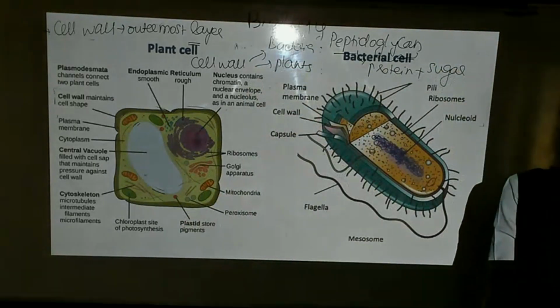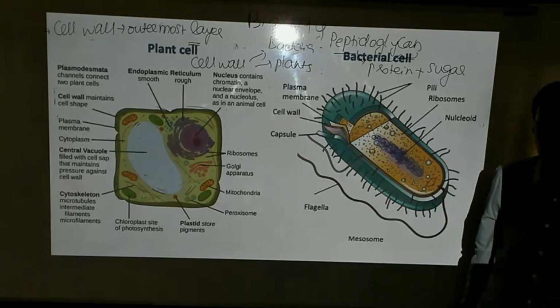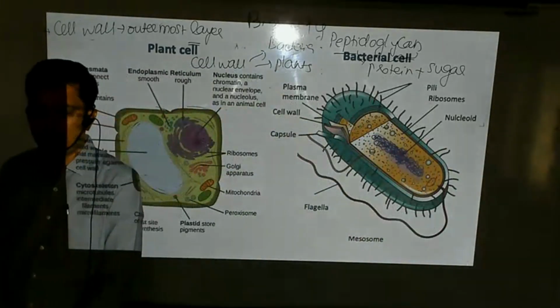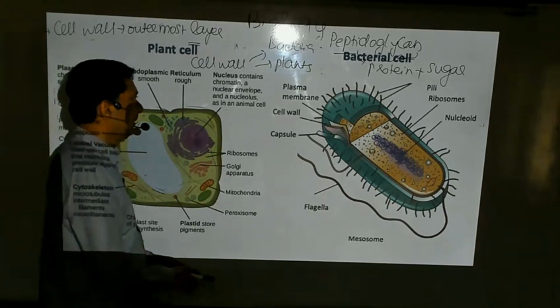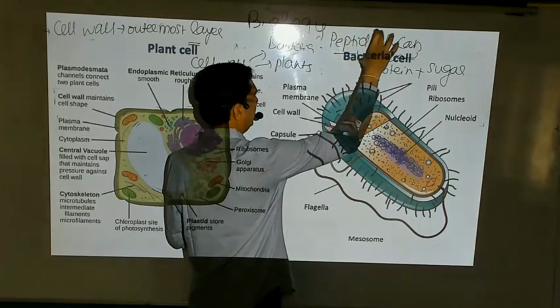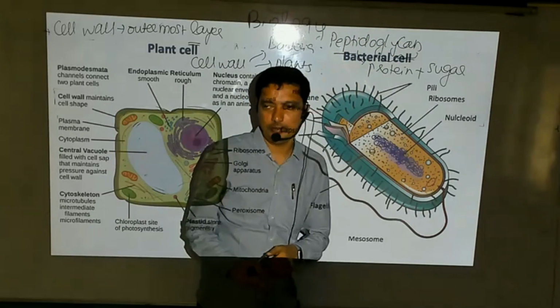Sugar attached with some proteins. What makes up the cell wall in bacteria? A protein combined with sugar. Together we call it the peptidoglycan layer, which makes up the cell wall in bacteria.